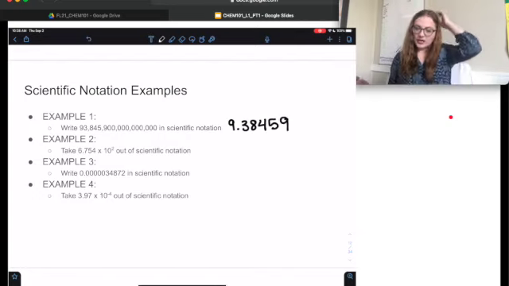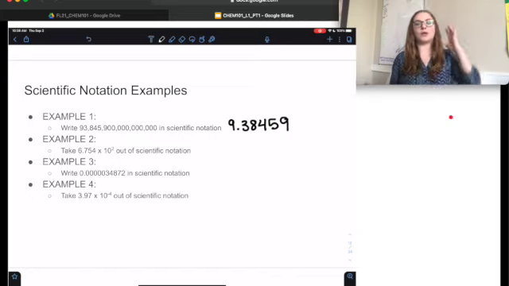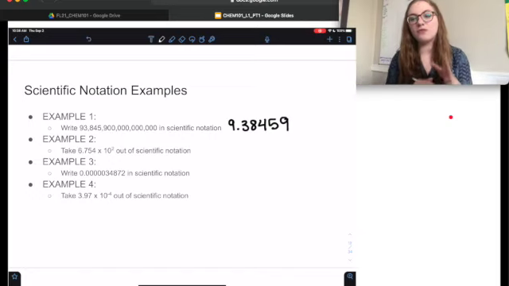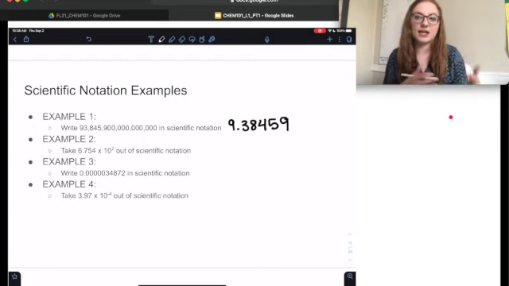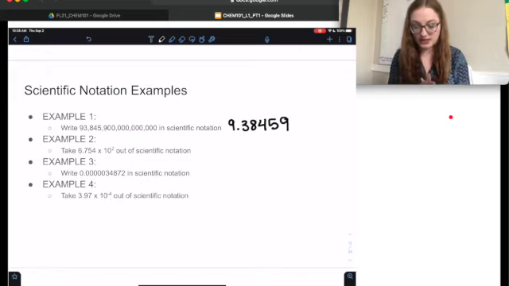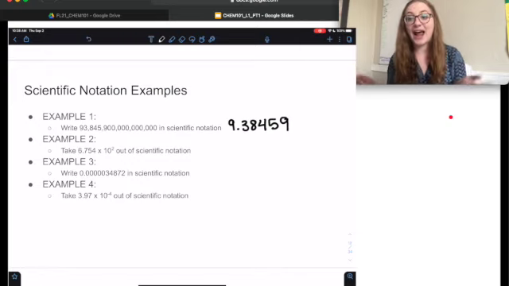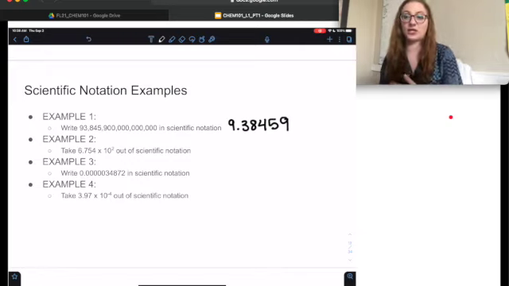Okay, so that's how I make that number look like a decimal between 1 and 10. I write down all of the non-zero numbers I see, and I leave everything else the same. When we talk a little bit later about significant figures and things like that, I want you to remember what scientific notation is, and that we're just hiding a bunch of zeros in scientific notation.